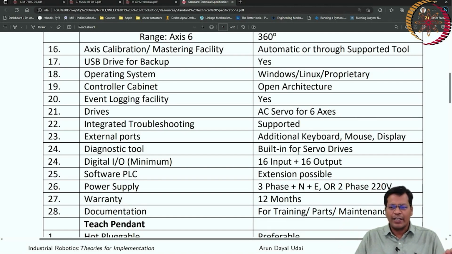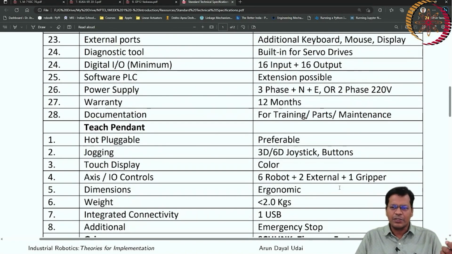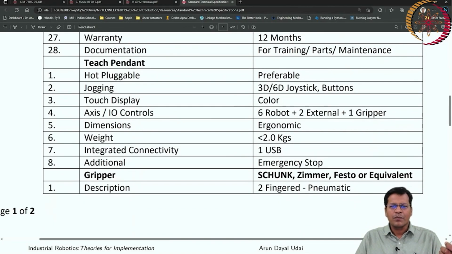Built-in servo drives, extension possible, 3-phase, neutral and earthing connection. That is important. Sometimes if it is 2-phase 220 volt or single-phase 220 volt, it is quite good enough. Warranty: these are some special things that you can ask for.